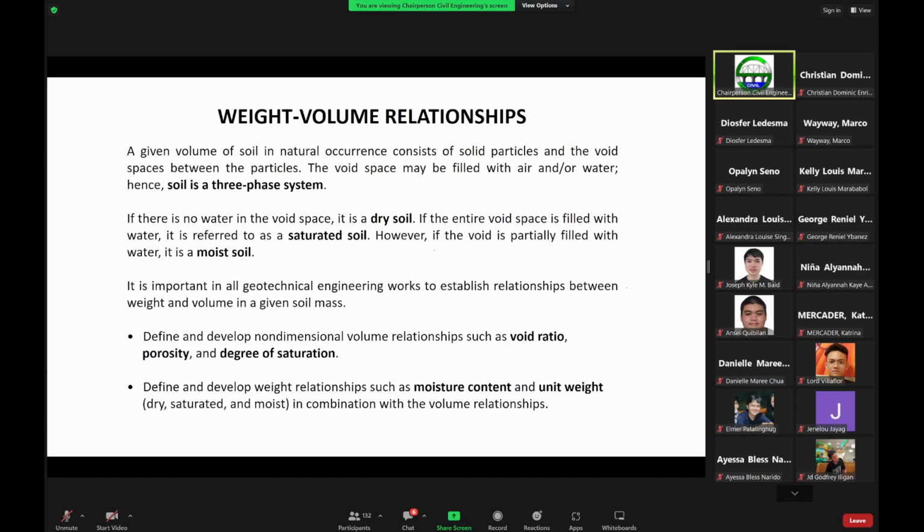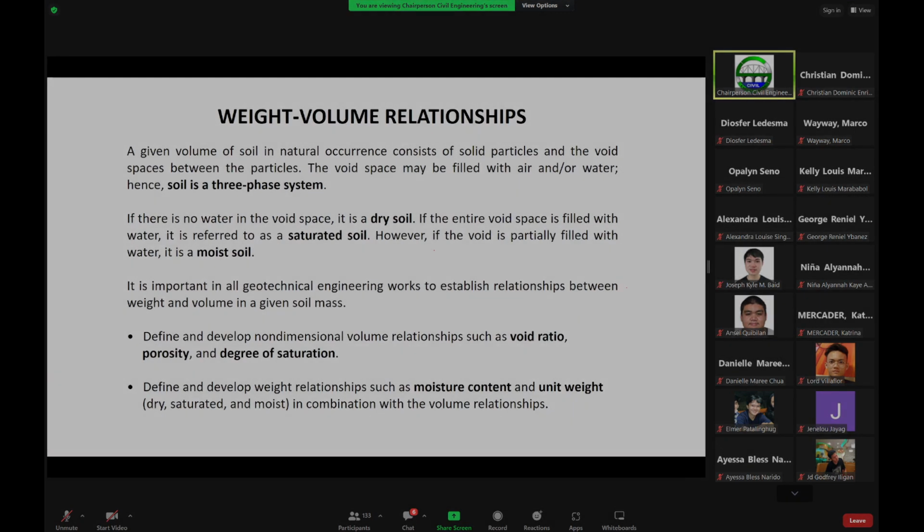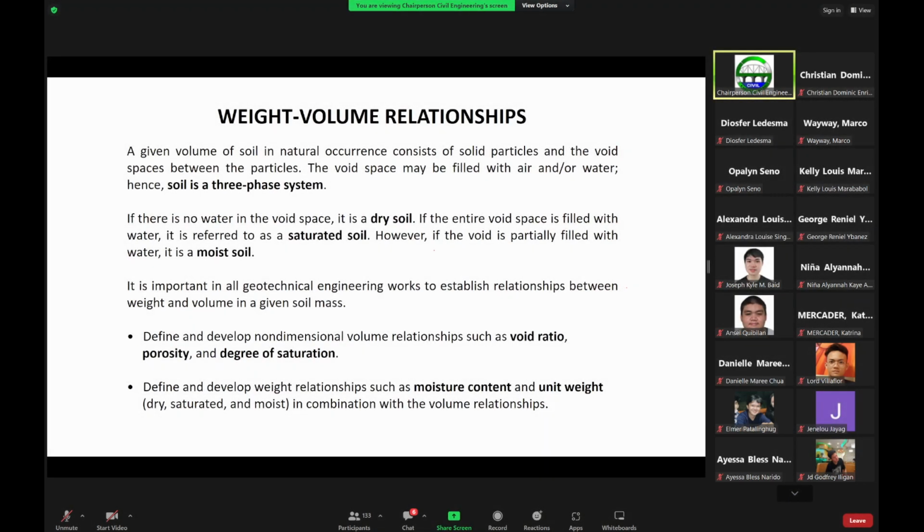Apologies. For a given volume of soil in a natural occurrence, it basically consists of solid particles and also the void spaces between the particles. Surrounding the solid particles are the void spaces.